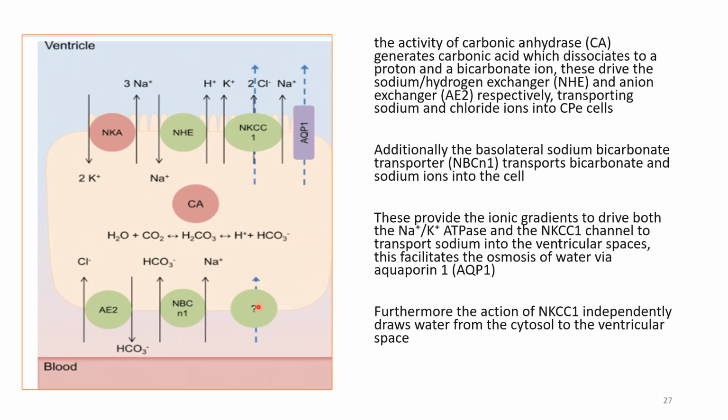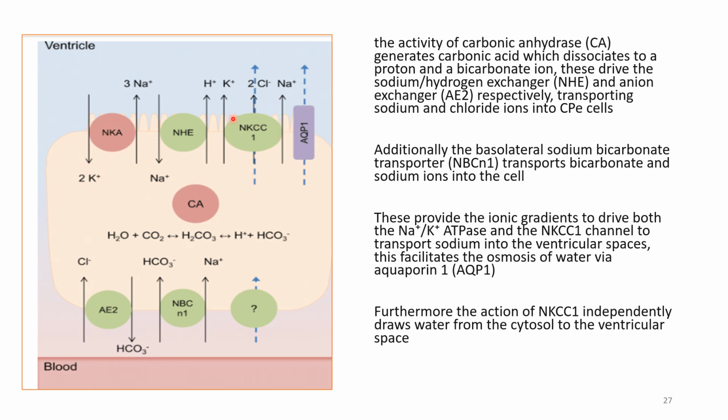Next, additionally, the basolateral sodium bicarbonate transporter NBCN1 transports bicarbonate and sodium ions. Again, this bicarbonate will enter into the cell with the help of sodium ions. Then these sodium ions will be thrown out and potassium ions will be drawn in with the help of sodium potassium ATPase.